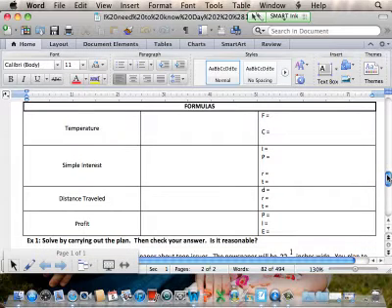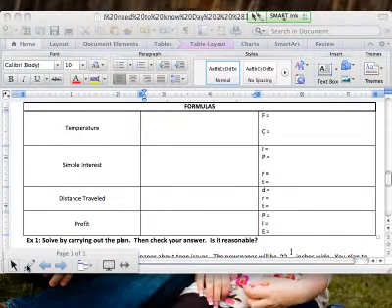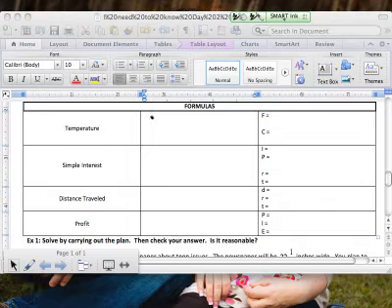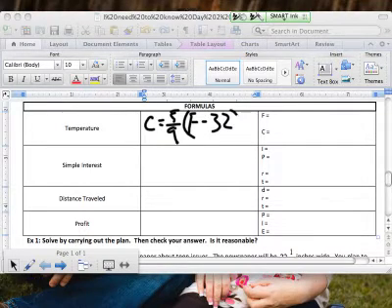Okay. So the next set here, this next table I should say, we're going to take a look at some formulas that are going to be used throughout these few sections here in solving some problems. Formula for temperature, C equals 5/9 parentheses F minus 32.